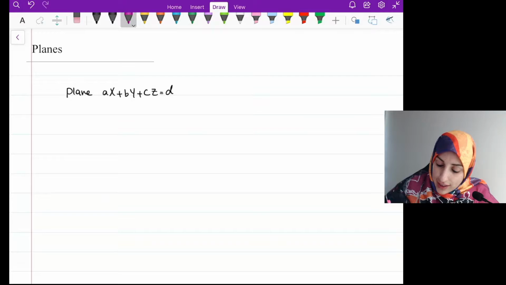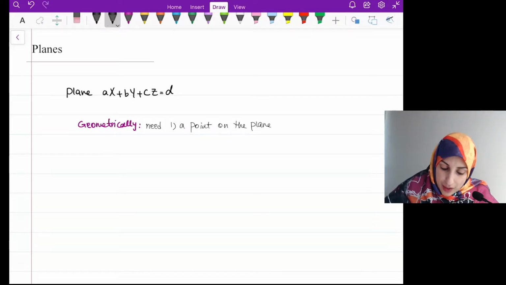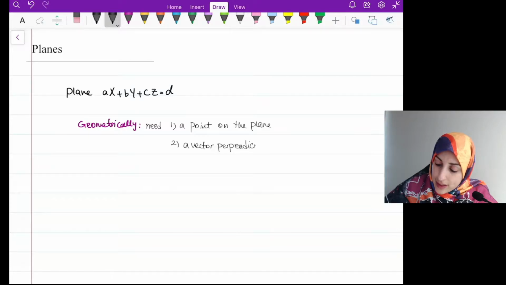Geometrically, we need one point on the plane, and also we need a vector that is perpendicular to the plane.